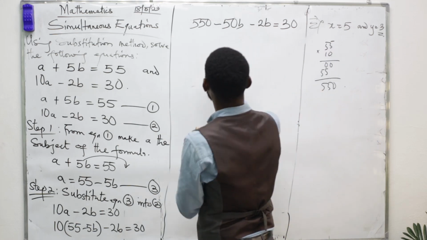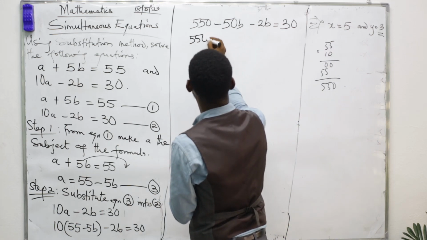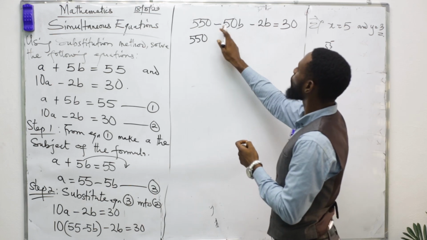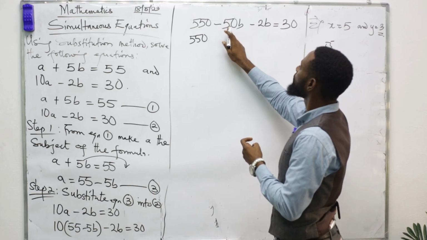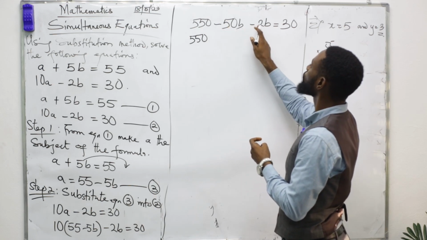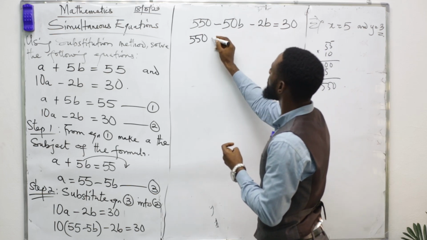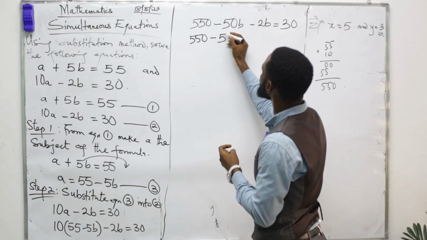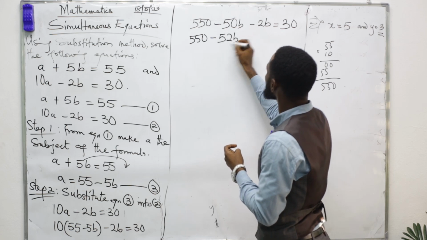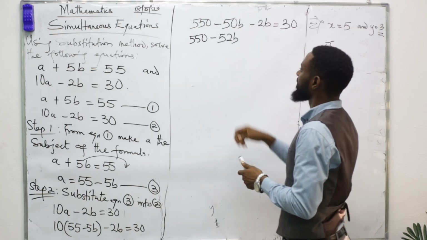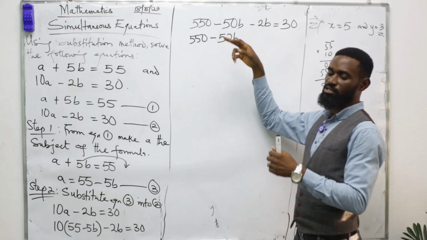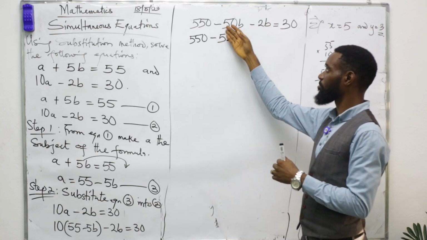So this is 550. Now we have minus 50b minus 2b, so this will be minus 52b. Why? This minus b means you are owing somebody.